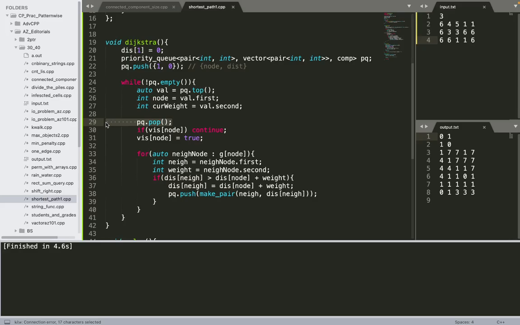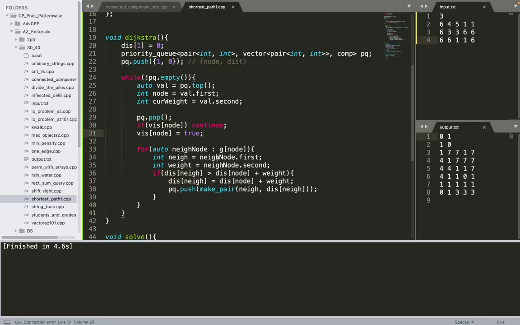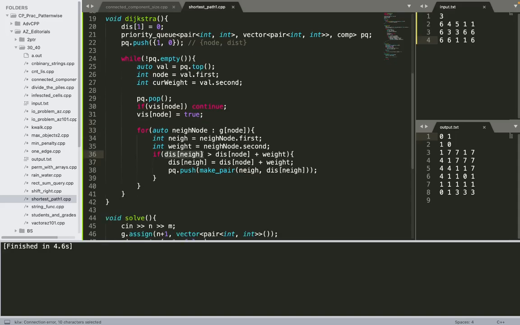This is trivial, and we mark it as true, that is, it is visited. Then we go over all the neighbors of the node, and we ask the question: previously reaching this particular neighbor, did I get a better path?